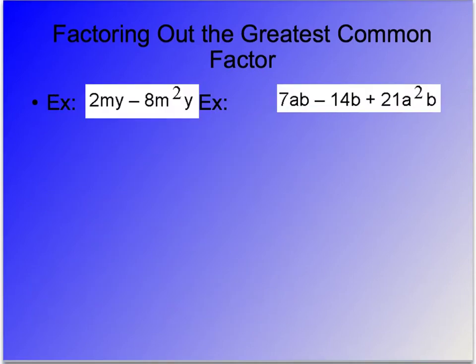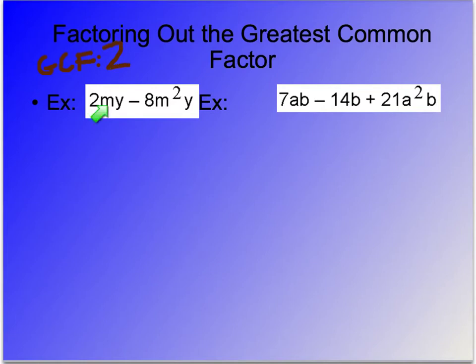Alright, so here I've got a couple more examples to factor out the greatest common factor. In my first example, the GCF, remember I look first at my numbers. I've got a 2 and a negative 8, and so the biggest number that will go into both is 2.